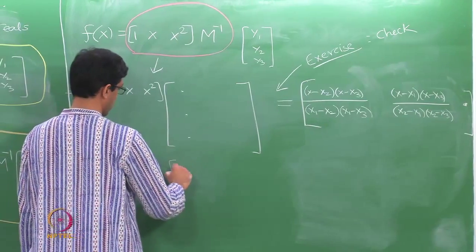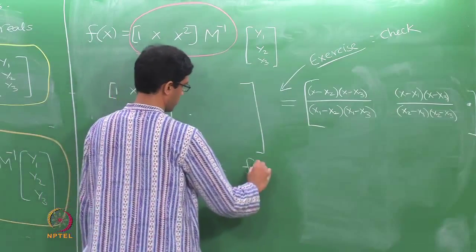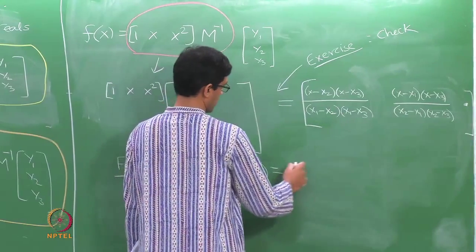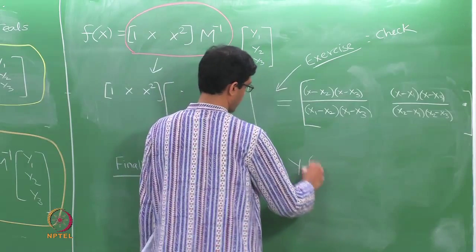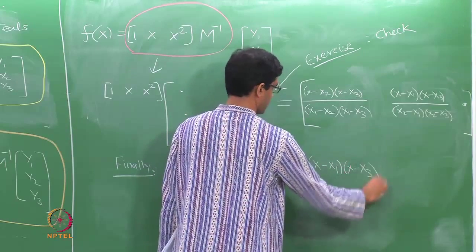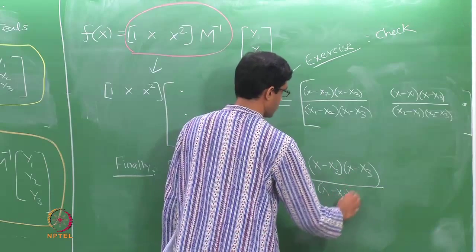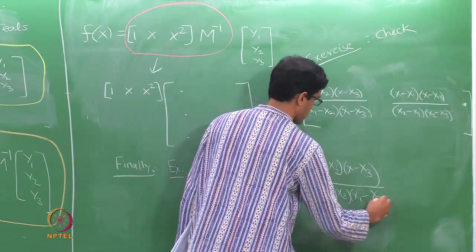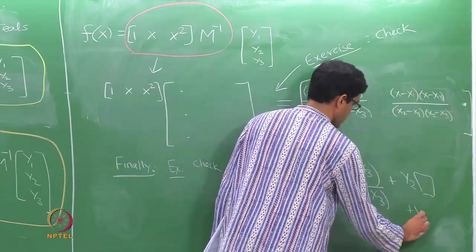So finally, check that the formula that you get for f of x using this approach in terms of linear transformations, in terms of solving systems of linear equations, is exactly whatever you would have gotten by doing Lagrange interpolation. x2, x1 minus x3, plus two more terms, y2 into something plus y3 into something.